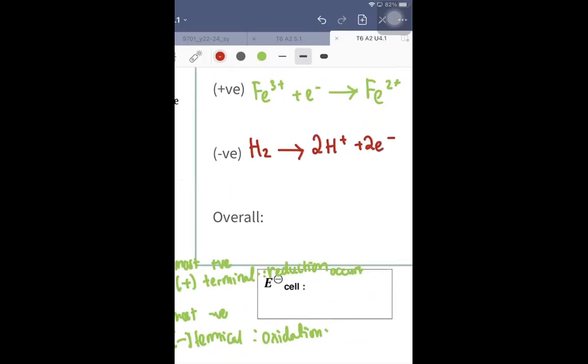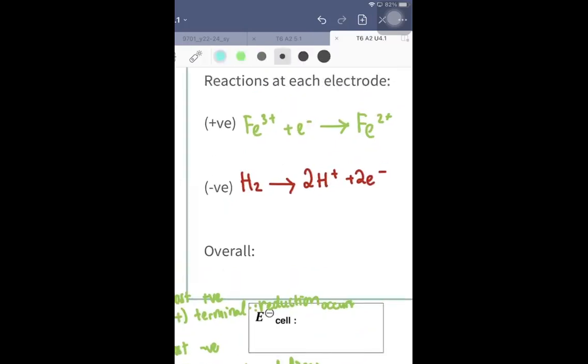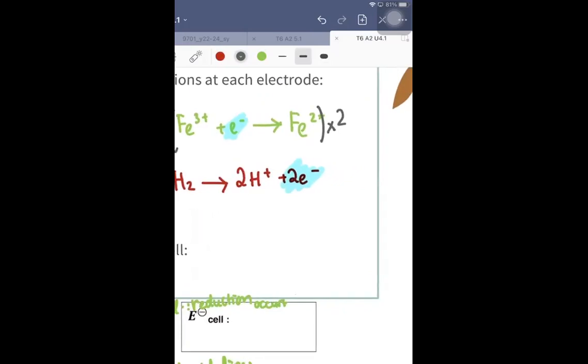Before I can combine them both, I need to check that my electrons are the same number. So that means I have to multiply this by 2. Okay, so it becomes 2Fe3+ plus 2 electrons to form 2Fe2+.